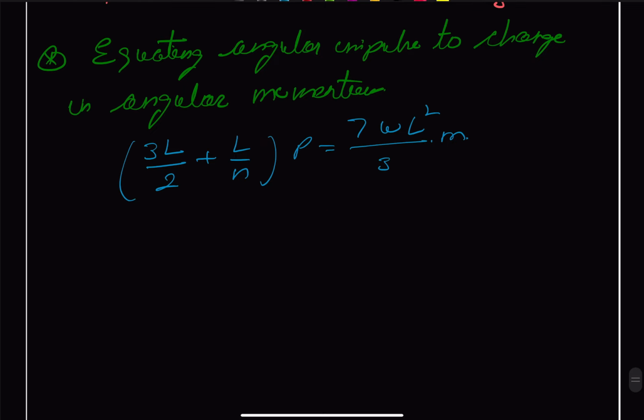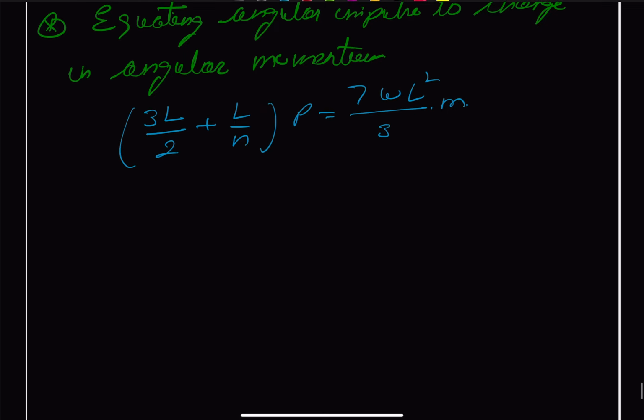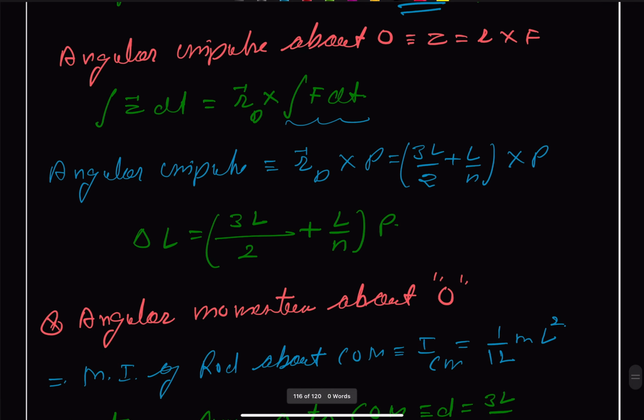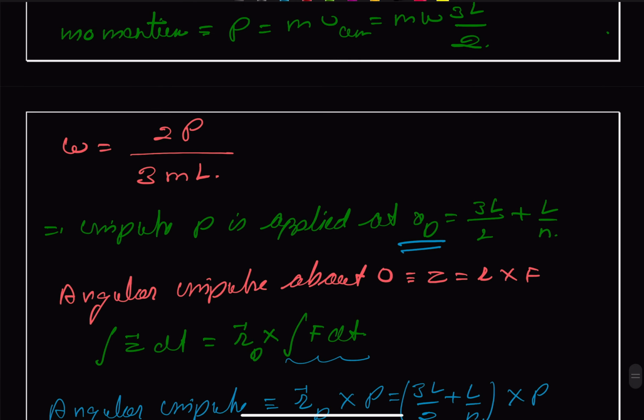And from here we can write that our omega will be equal to, this comes as 7 ml, this L square cancels out, and in the numerator we get 3 times 3 by 2 plus 1 by n times p. And we have two expressions for omega, one is this one and another one is this one. So we equate them.